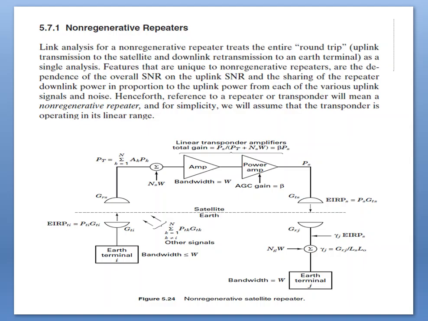The total satellite downlink EIRP is equal to PS into G, where PS is the satellite transponder output power and G is the satellite transmitting antenna gain.